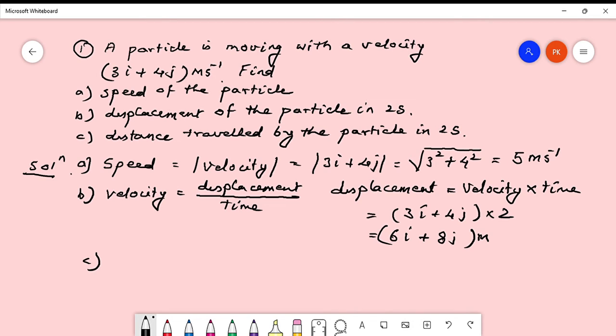And finally the distance. As we have seen already, the distance is the magnitude of the displacement. So the distance traveled by the particle in 2 seconds is the magnitude of its displacement.